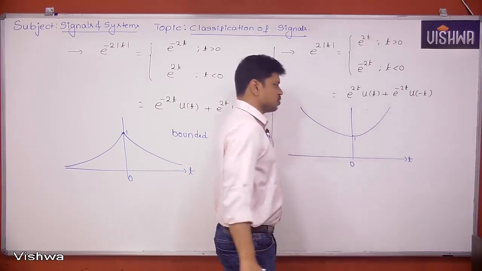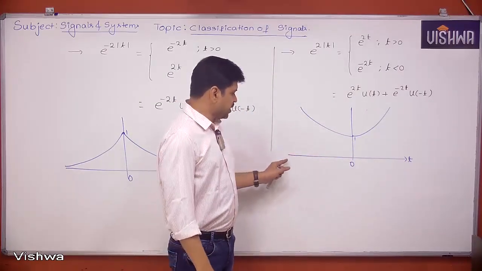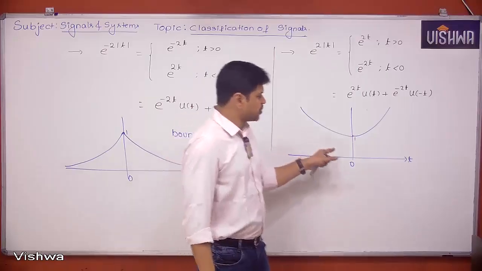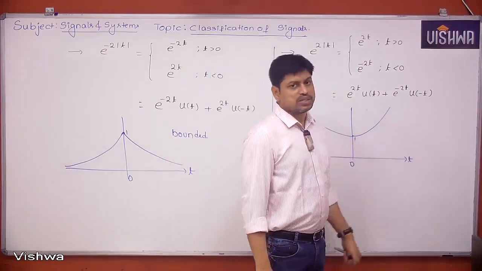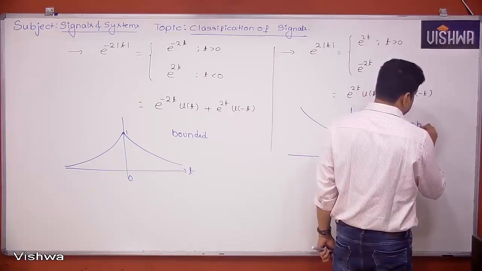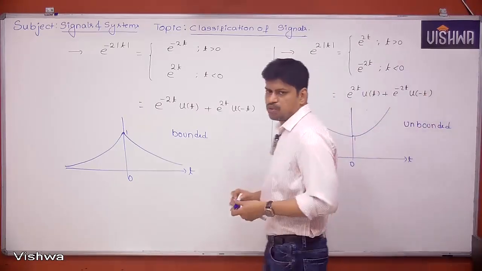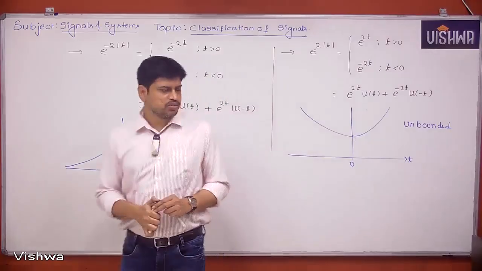So this is how it looks. It is definitely going to be unbounded because at minus infinity its value is infinity, and at plus infinity its value is also infinity. So it is an unbounded signal. I hope you understood.